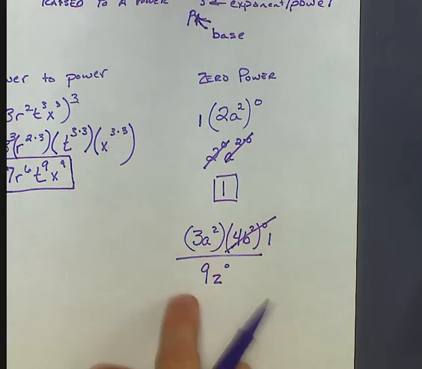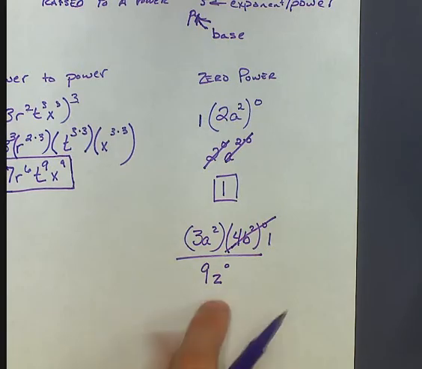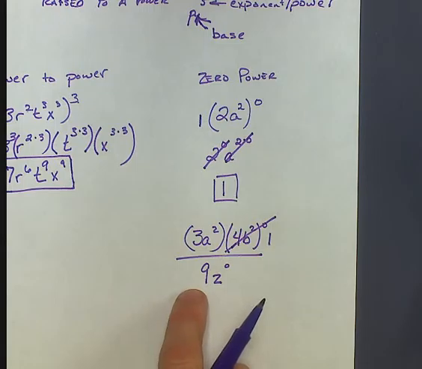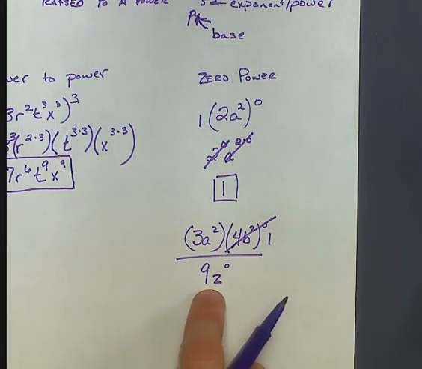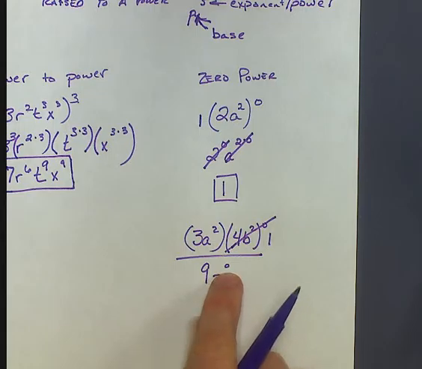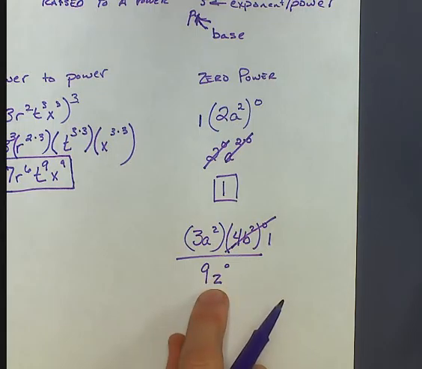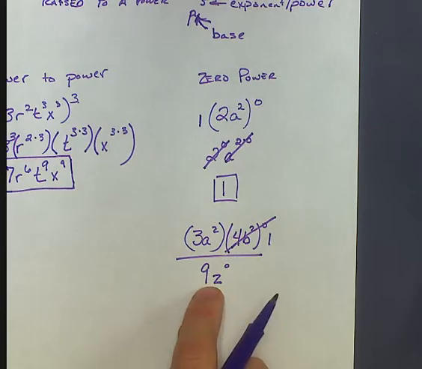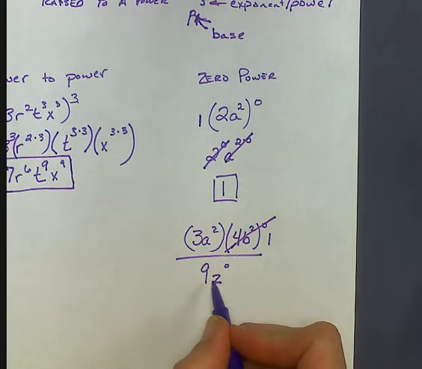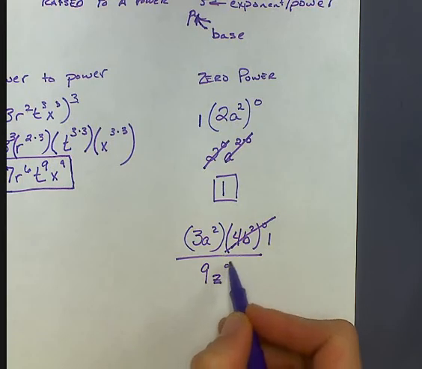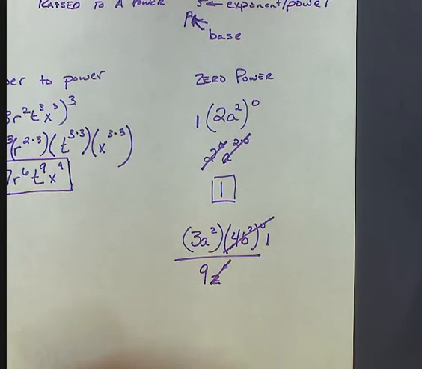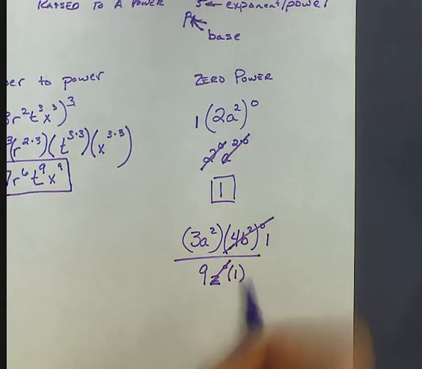Now, before we move any further, let's talk about the denominator, the bottom part. When I do not have numbers in parentheses, or expressions in parentheses, the exponent that I have is attached to the number or the variable, its base. So the only thing that's being raised to the 0th power is this z right here. So if z is being raised to the 0th power, it goes away, and now that becomes a 1.